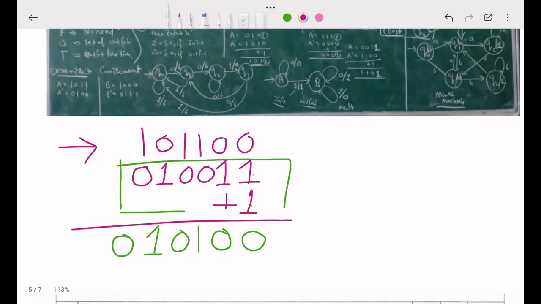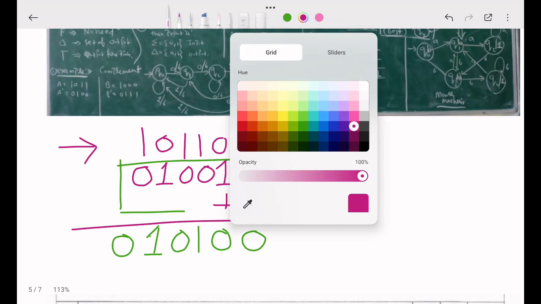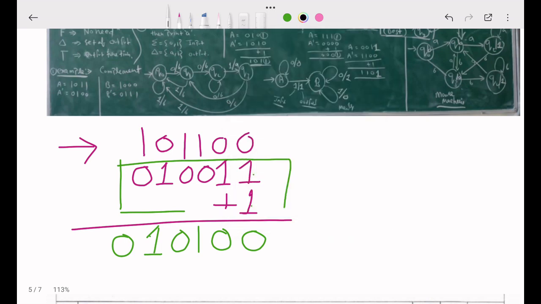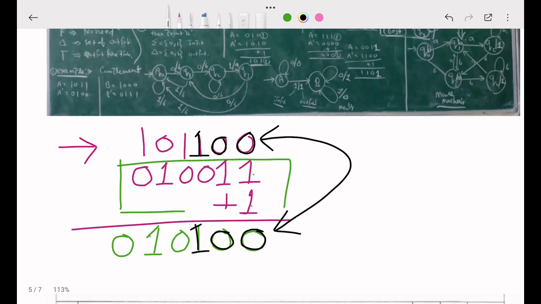Now I will compare this and this. Now see here. If it is 0, then this is also 0. If it is 1, this is also 1. Now if it is 1, then this is 0.